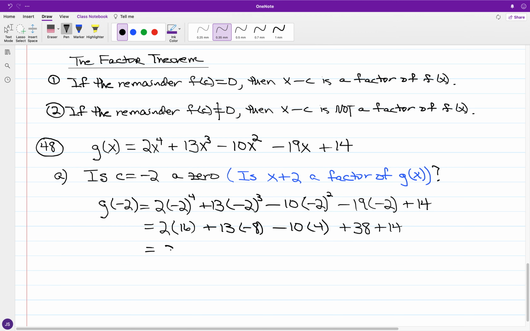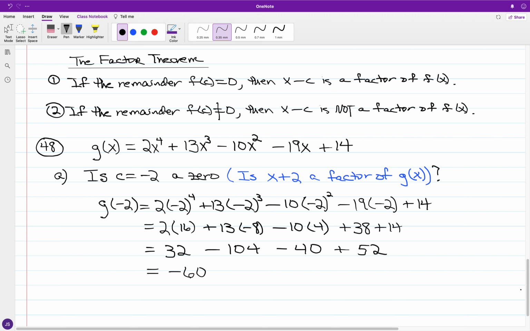And 2 times 16 is 32. And then we have minus 104. Minus 40. And 38 and 14 put together is 52. And it follows that the remainder is -60.